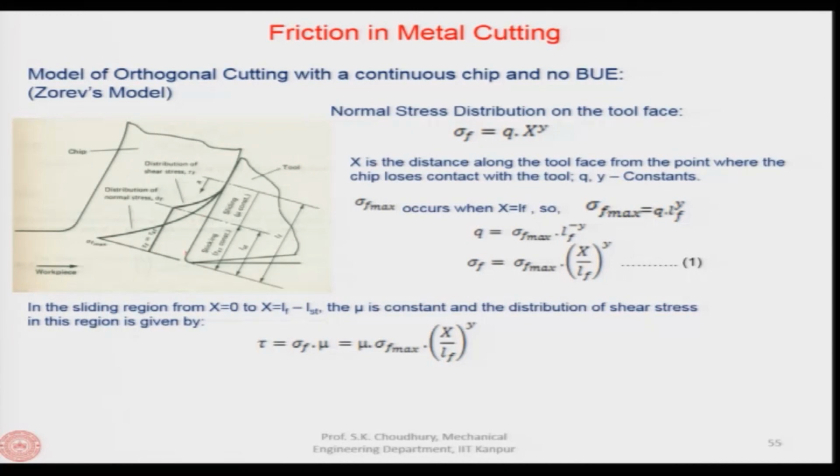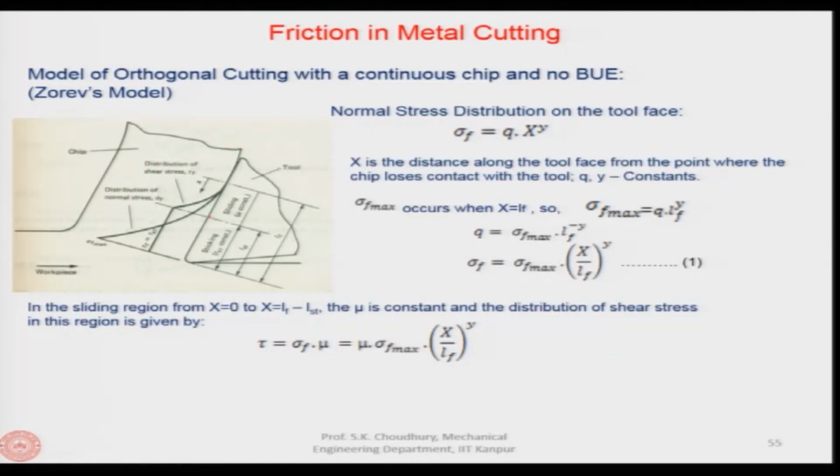Here the tau, the shear stress, becomes maximum and it becomes constant, because the normal force is very high in this region. As it goes beyond this point towards the point where the chip loses contact with the tool, then the normal force decreases, and therefore, the F remains proportional to N, like in the case of normal sliding friction, and then the mu is constant.